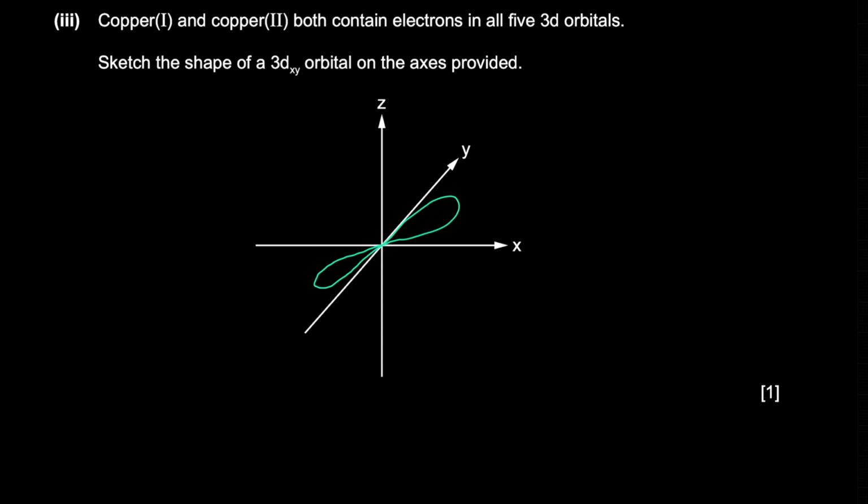Obviously this is in 2 dimensions, so you can't really draw it as clearly as you'd like, but this is acceptable. You just have to show this double lobe, making sure you show it between the x and y axes.